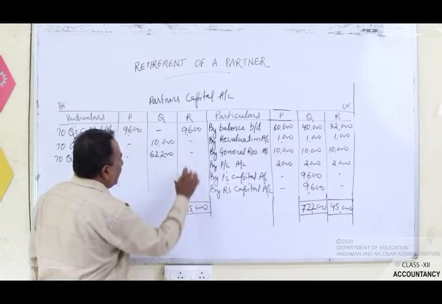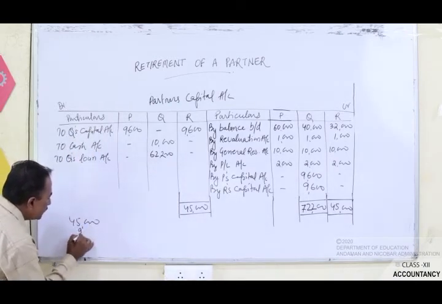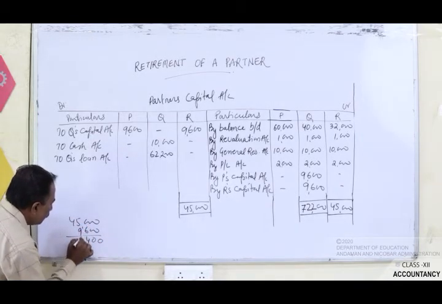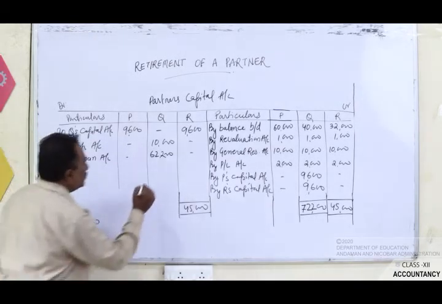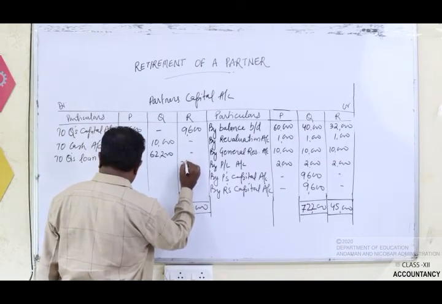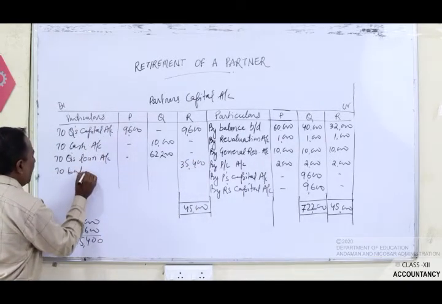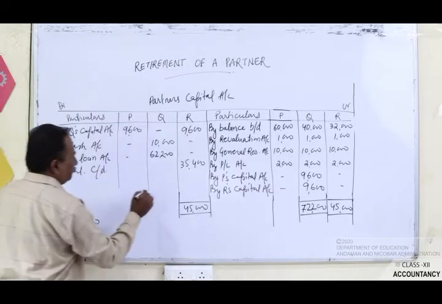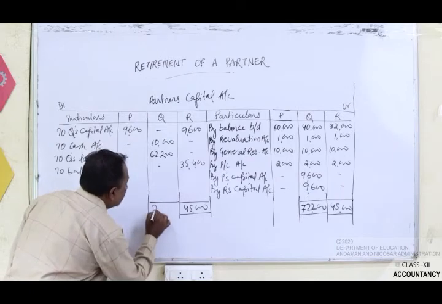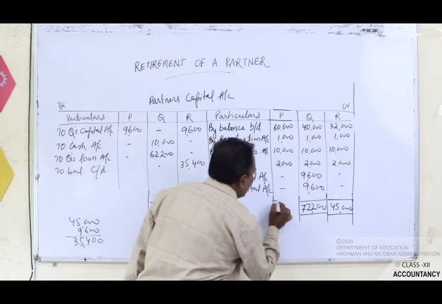Now, if you subtract 9,600 from 45,000, the balance left is 35,400. So, here you have to write 35,400, and here you have to write balance carried down. For Q, it is 72,200. Now, let us close for P.